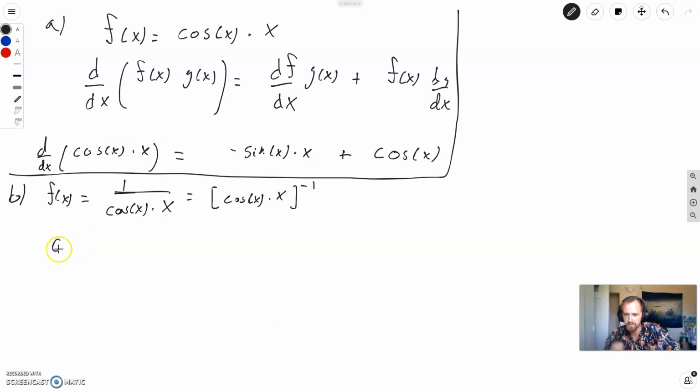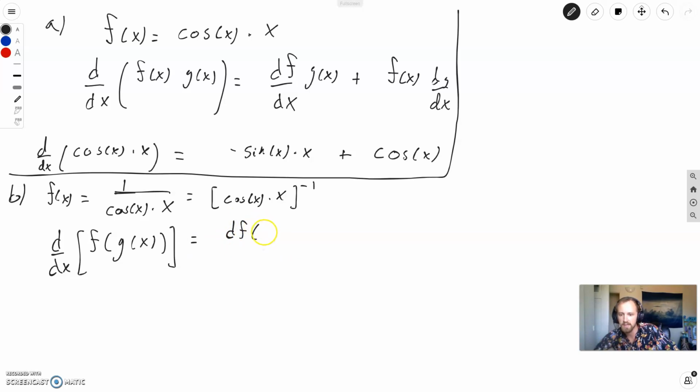The chain rule says that if you want to take the derivative of a function, but the function you're taking is a function of another function, like f of g of x, then we take the derivative of the outside and leave the inside alone, and then we multiply this by the derivative of the inside.